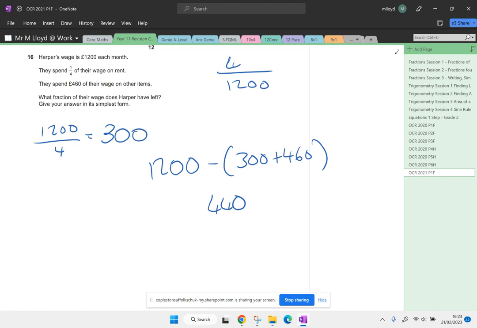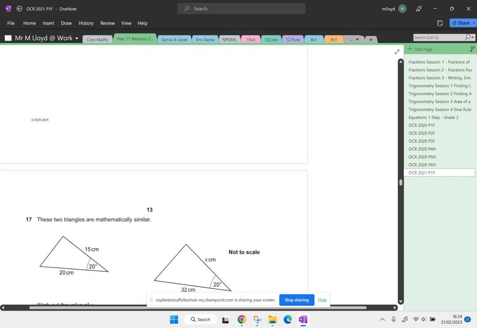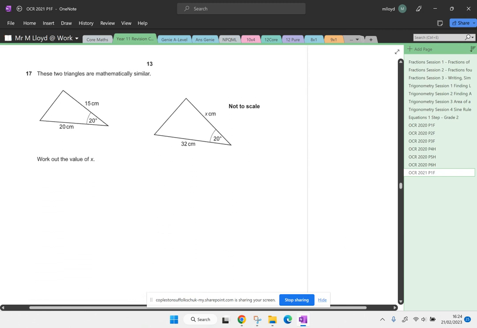Now, one really nice trick in the calculator is if you do 440 divided by 1,200, it's going to give you the answer in its simplest form. So 440 divided by 1,200, 11 over 30. 11 over 30. Thank you, Casio.